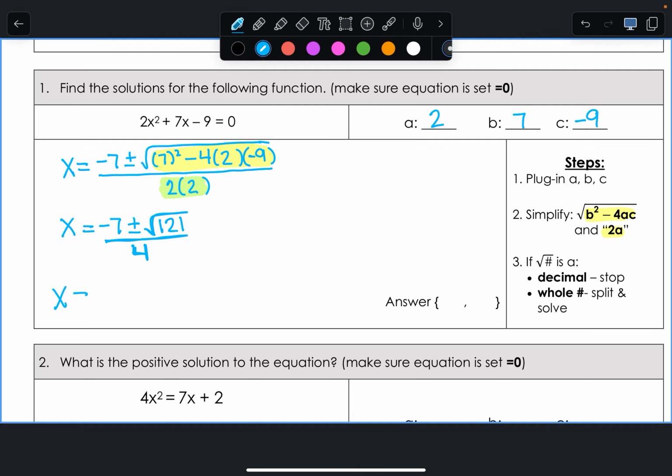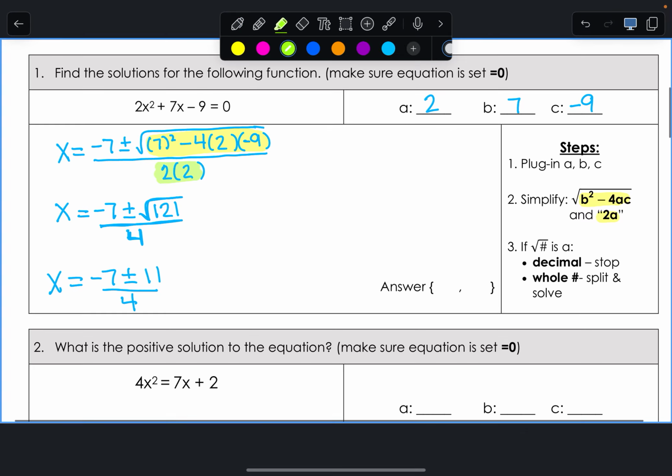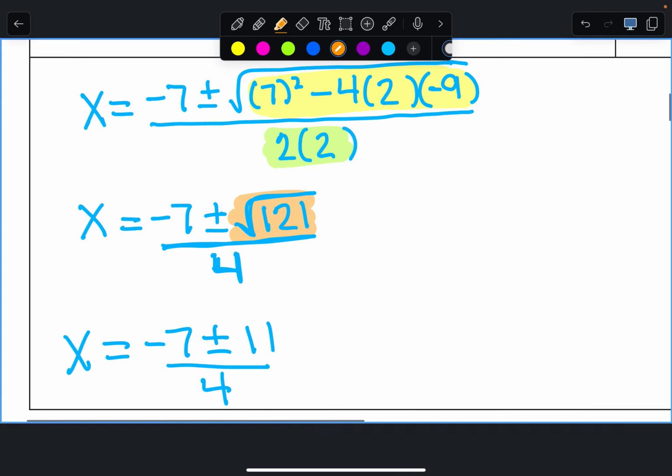So we get x is equal to negative 7 plus or minus 11 all over 4, because we've taken the square root of 121. First, you type the numbers without the square root, then include the square root. Now, because we have whole numbers all around, what did we learn yesterday?